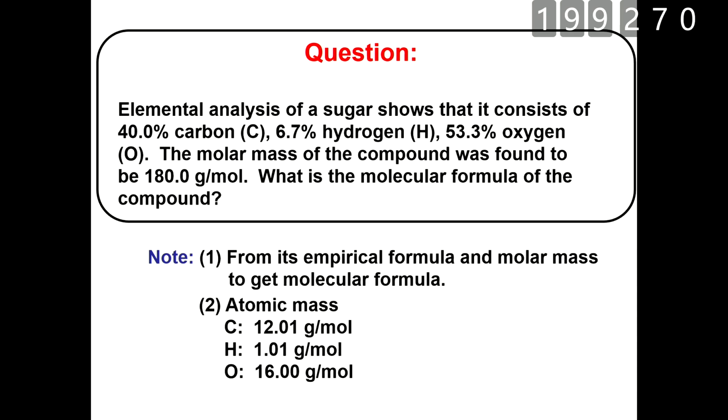What's the answer? 30. Everything in the bracket is 30, times n is equal to 180. Now you need to work out what n is. N is 6, 180 divided by 30.